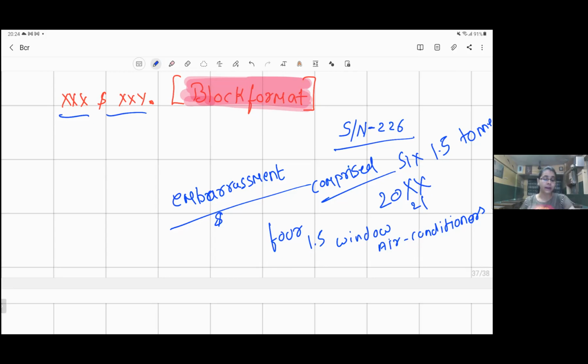Leave one line and write, looking forward to your prompt action slash reply.